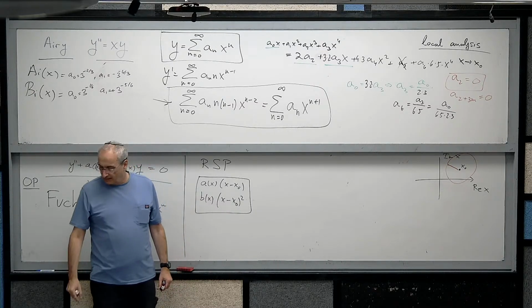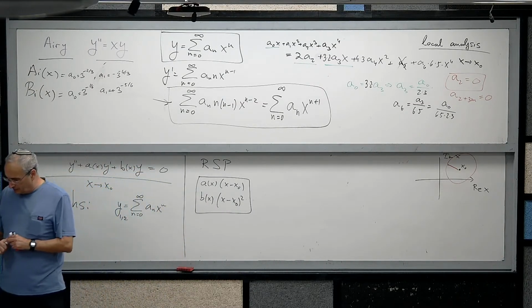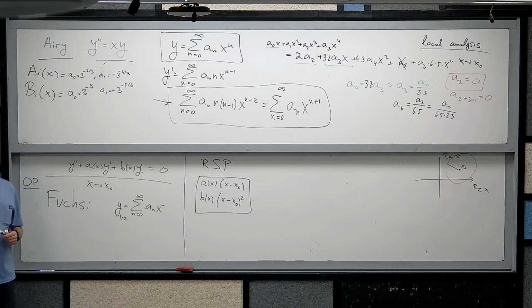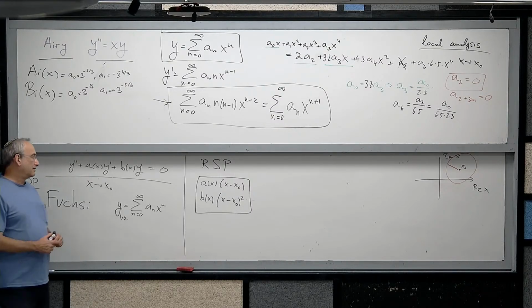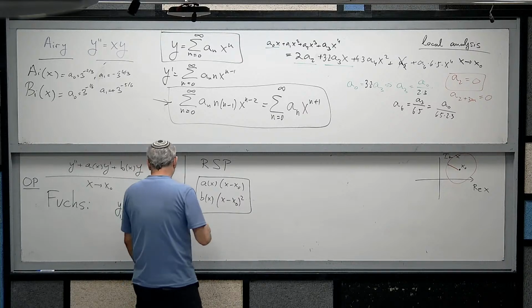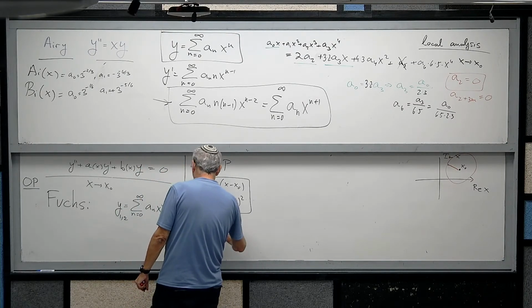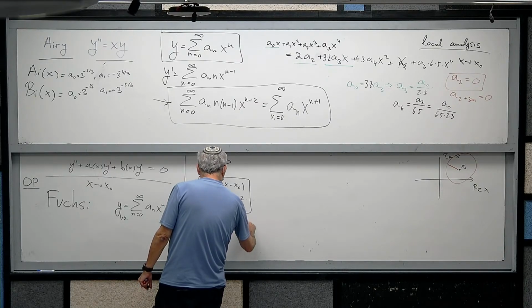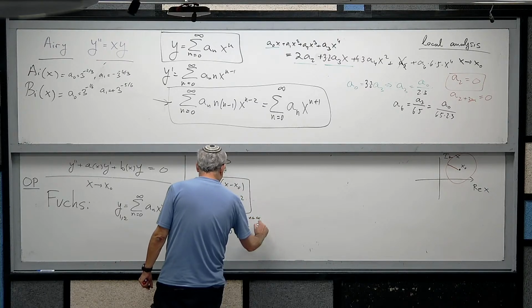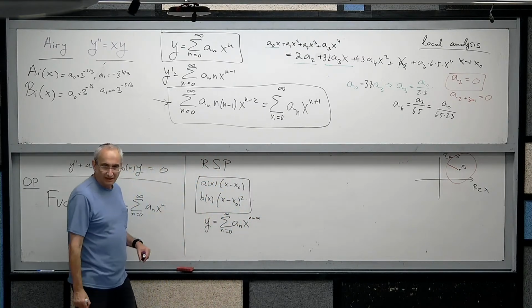You see? In that case, Mr. Frobenius told us that we may have at least one solution of the form sum from n equals 0 to infinity of a n x to the n plus alpha, right?